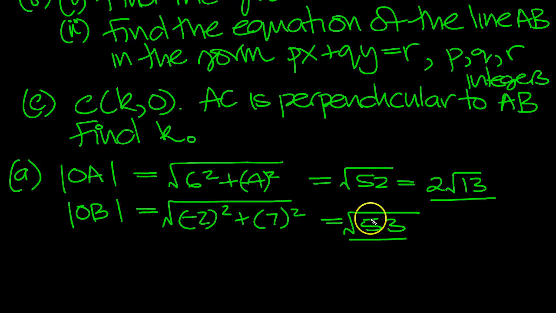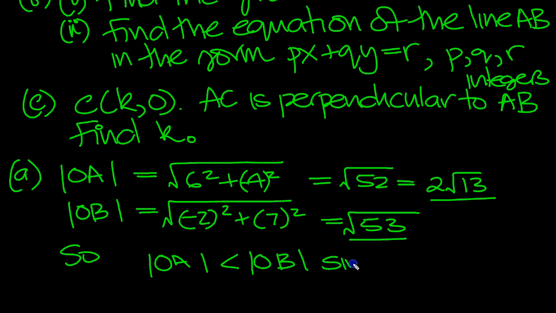So clearly then OA is strictly less than OB, since the square root of 52 is less than the square root of 53. So that's part A done then. Part B.